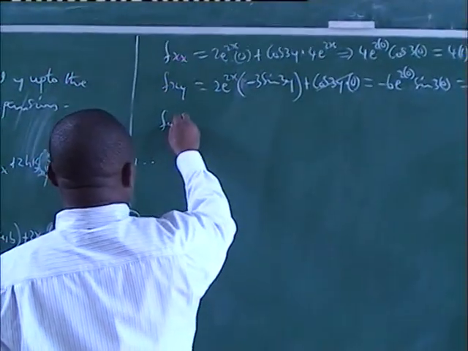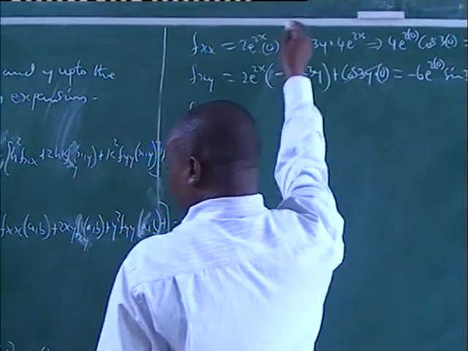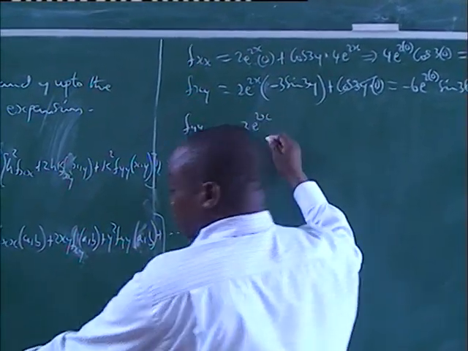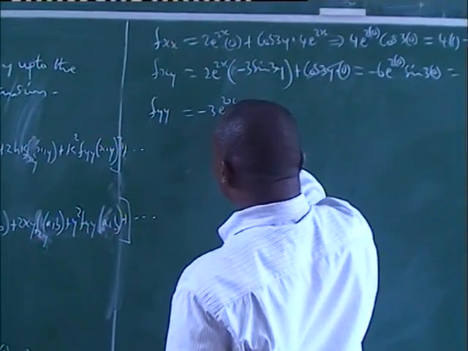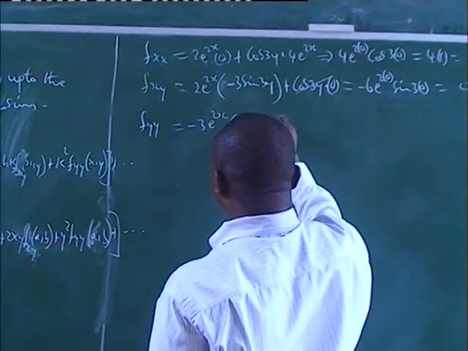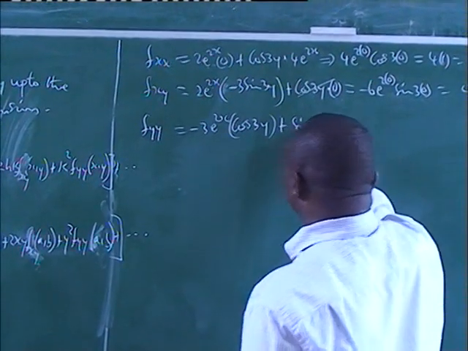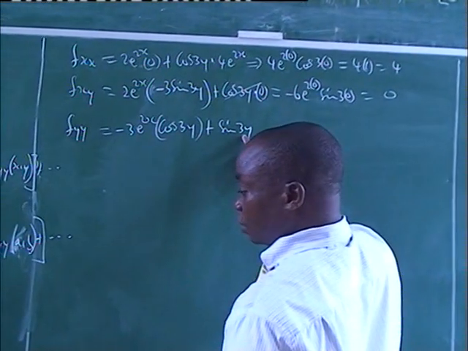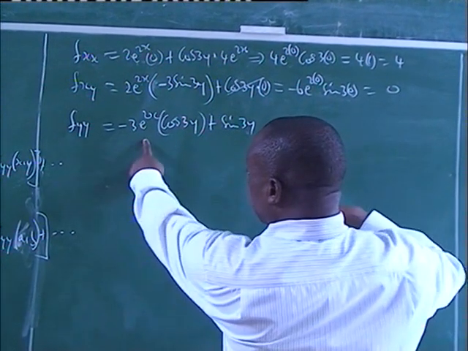So the second derivative of f with respect to y will give us minus 3 exponential 2x, that is, keep this one, then differentiate this with respect to y, we will have cos 3y plus, if you keep this, sine 3y, then differentiate this with respect to y.